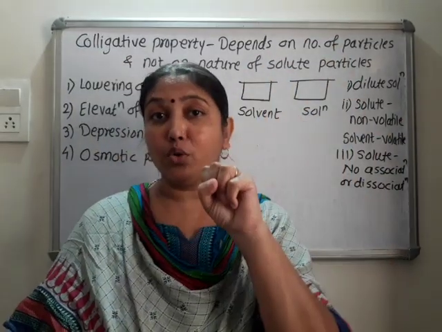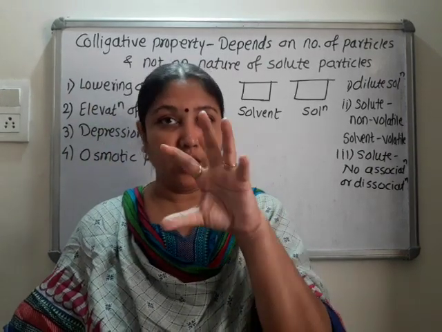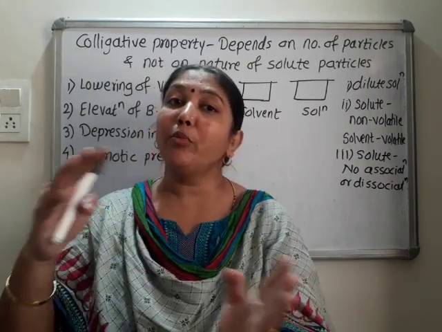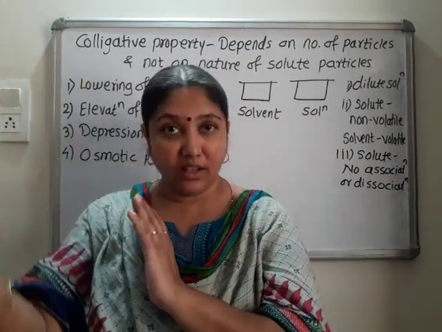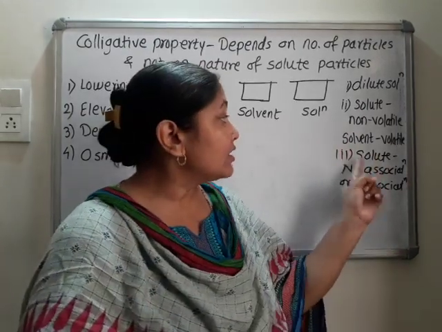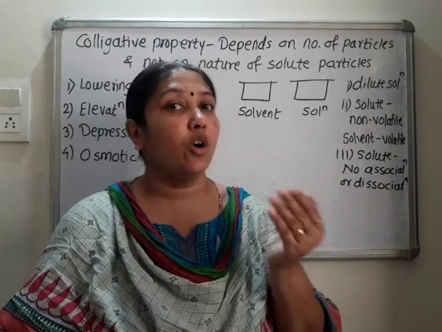If particles associate, the number of particles in the solution decreases. If particles dissociate, the number of particles increases. So to avoid this, start with a solute which is neither associated nor dissociated.